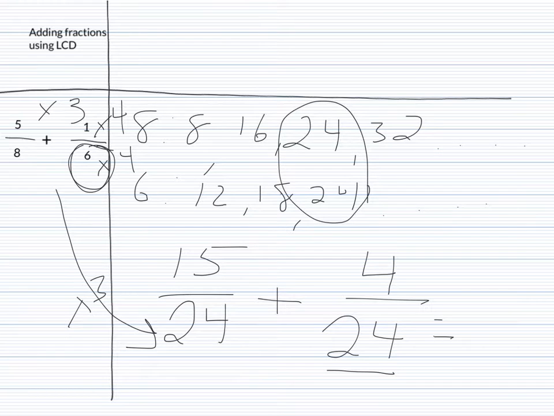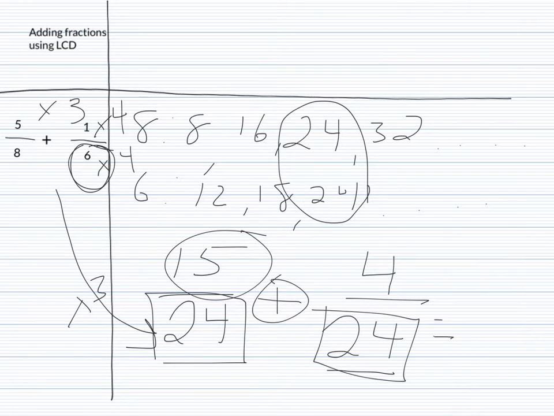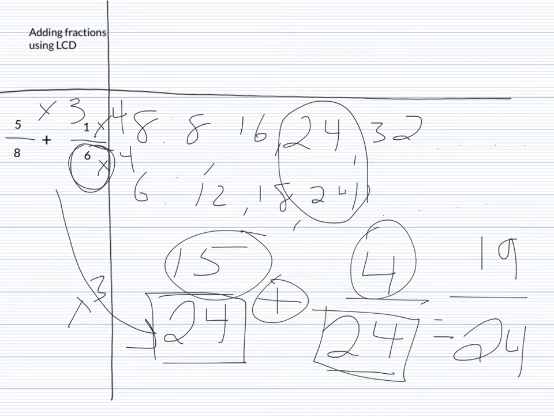Now, once I have common denominators and I've changed the top, I can just add straight across. 15 plus 4 is 19 over 24. I can't simplify that fraction, so my final answer right here, circled in red, is 19 over 24.